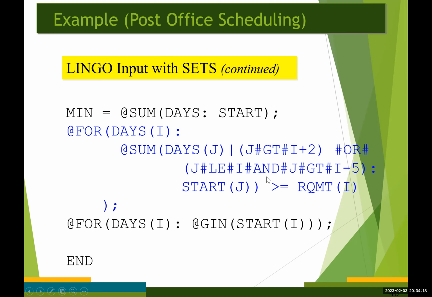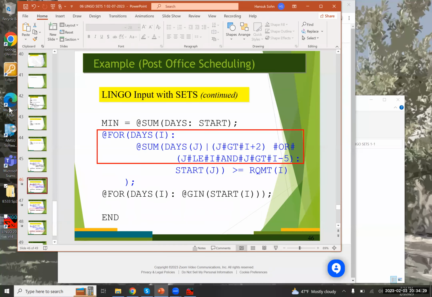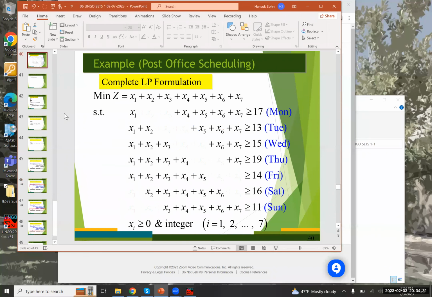So for example, this expression will generate the sum, which is this: x1, x4, x5, x6, and x7, okay? So J value is the subscript value.